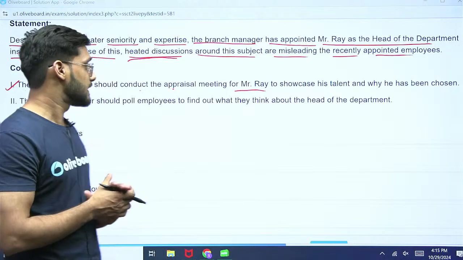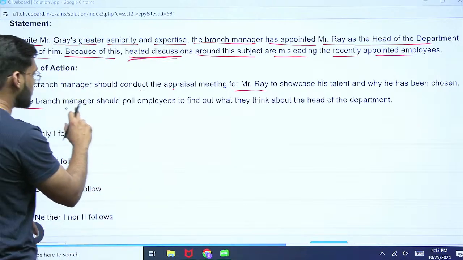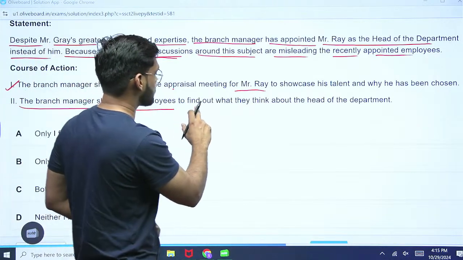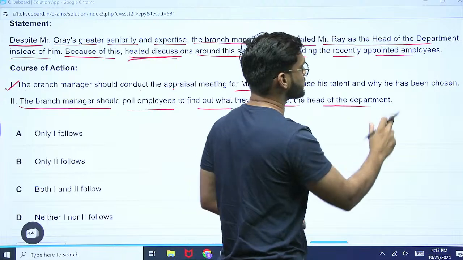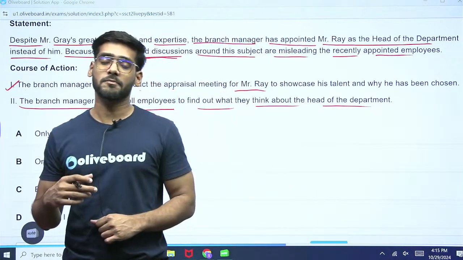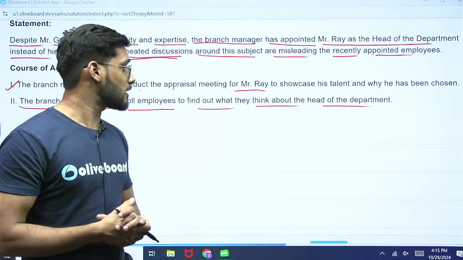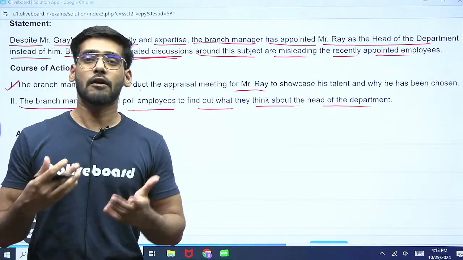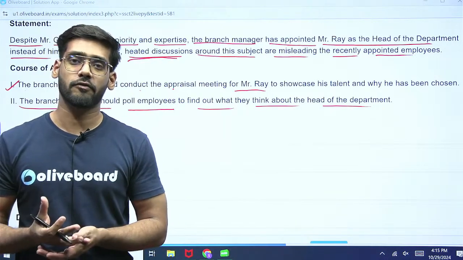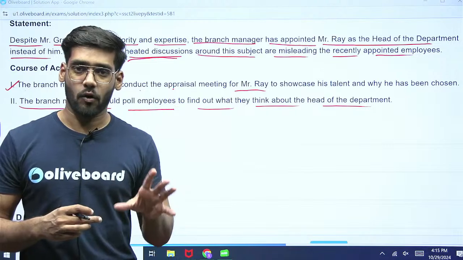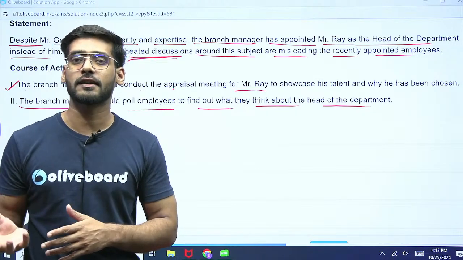No doubt in that. Second one: the branch manager should poll employees to find out what they think about the head of the department. Now, what is the use of this? He has already been selected.